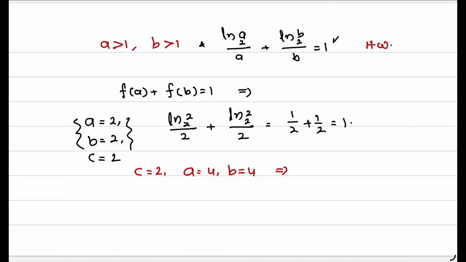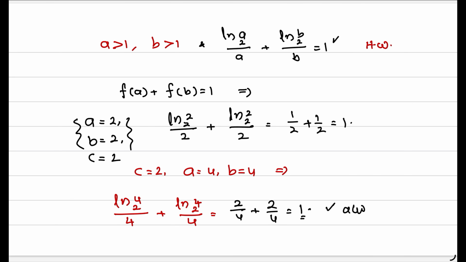Because A and B are integers and the sum should be equal to 1, then ln 4 to the base 2 divided by 4 plus ln 4 to the base 2 divided by 4, that is equal to 2 by 4 plus 2 by 4, that is equal to 1.